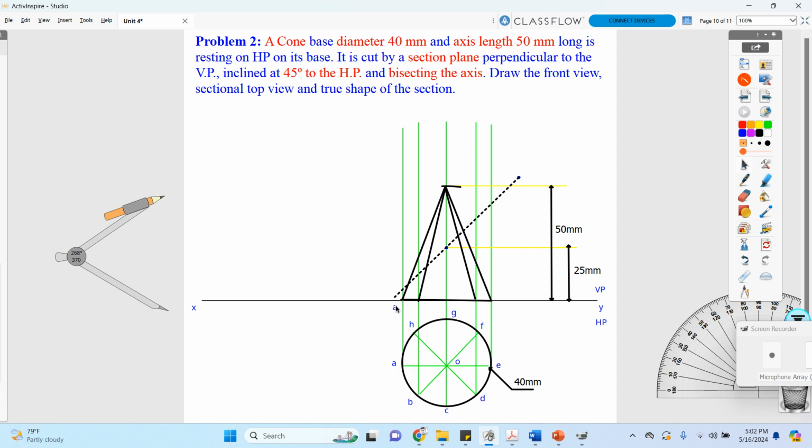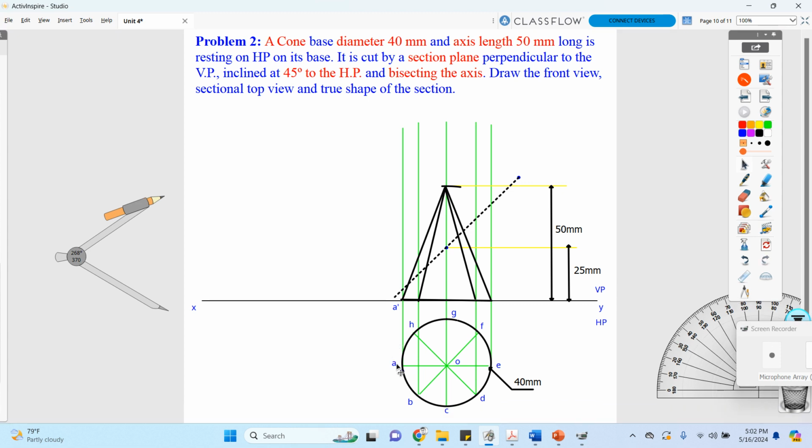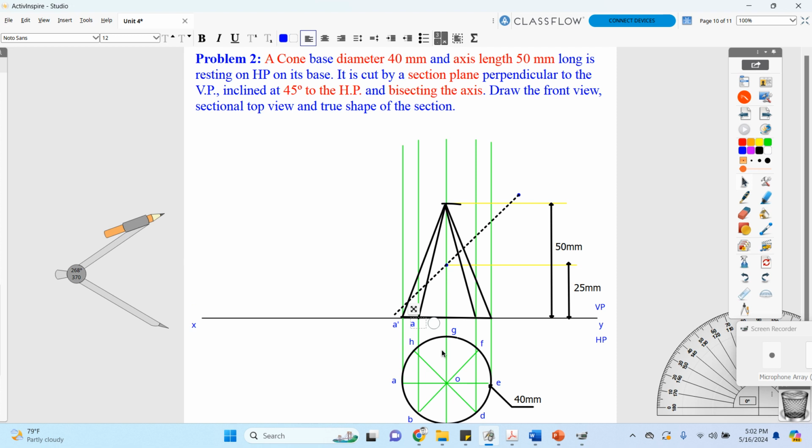So this is your A dash, then followed by this, what will you get, either B dash of H dash or H dash of B dash? For this point, either B dash of H dash or H dash of B dash.